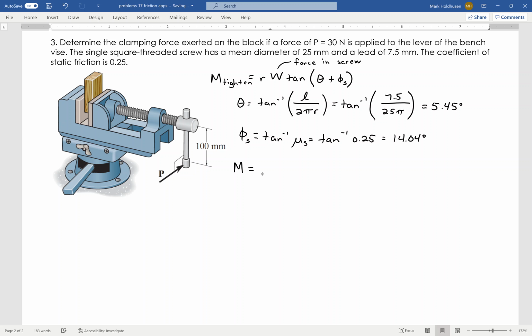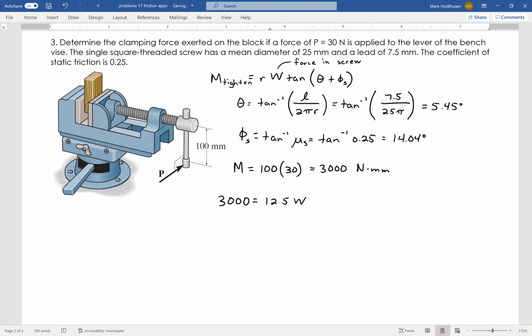Now, my moment is just going to be the moment I'm applying at the end there, that 30 newtons, 100 millimeters away. That's going to be a 3,000 newton millimeter moment. So I'll use that 3,000, set that equal to R, which is going to be 12 and a half, half the diameter, times W, which is the force in the screw.